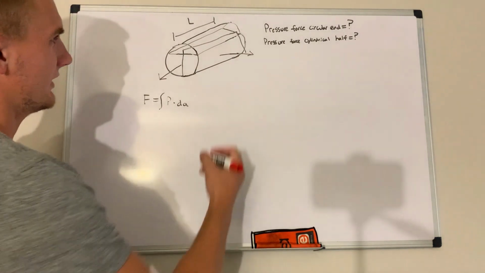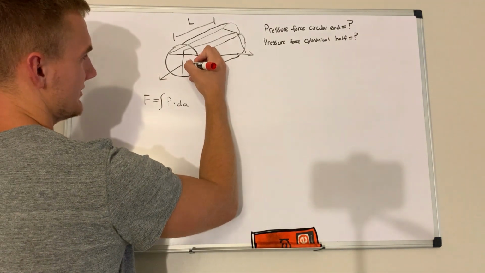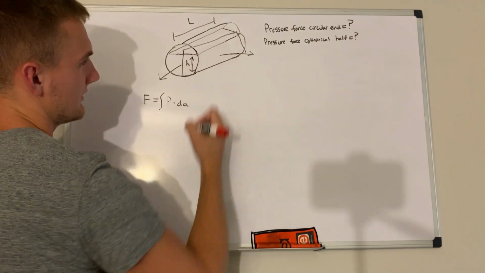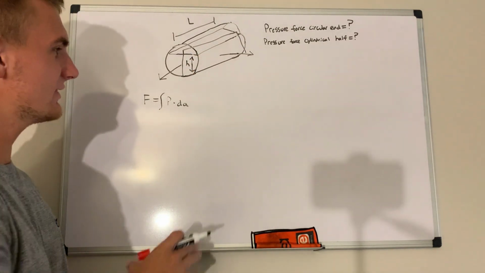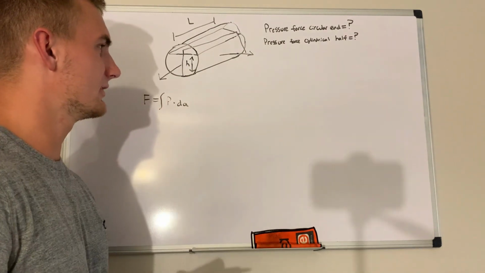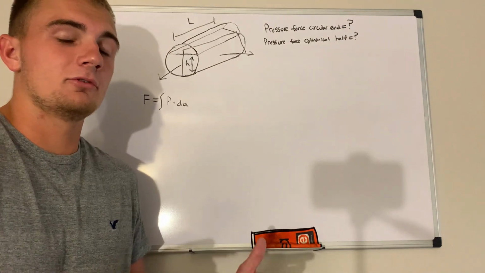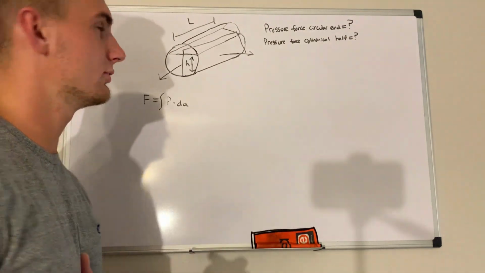If we have H as our fluid height, so H is the height of this fluid, we can see that the area will depend upon where we're at in the fluid level.